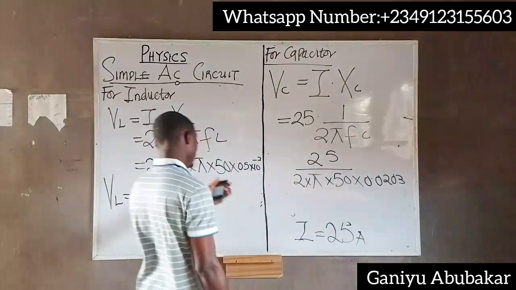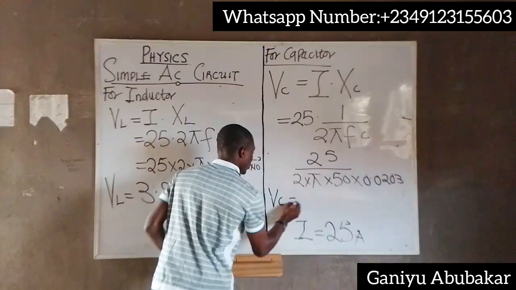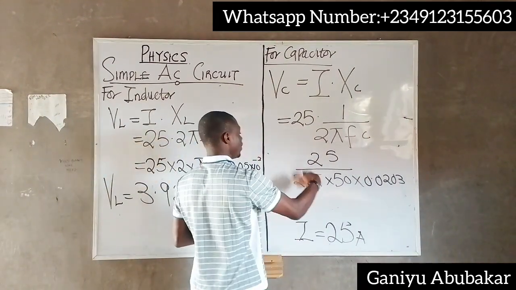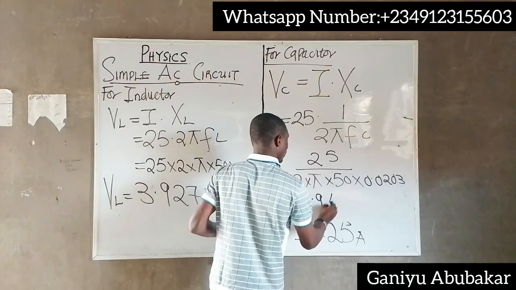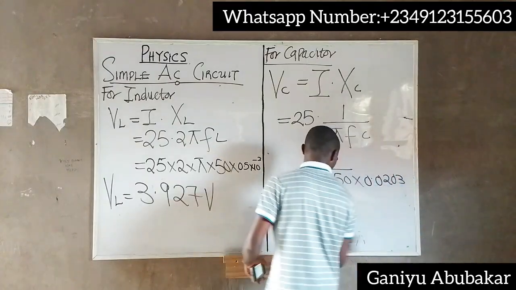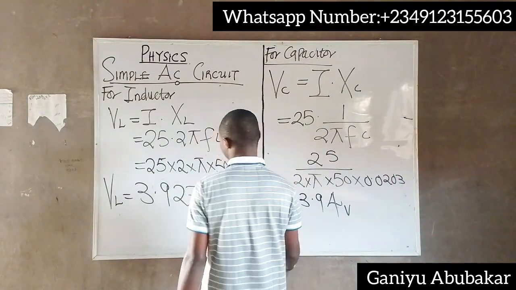That's our C. From here, VC will be equal in value to, if I divide everything here, it gives you 3.94 volts. Alright, I have 3.94 volts. This is how to solve this particular question.